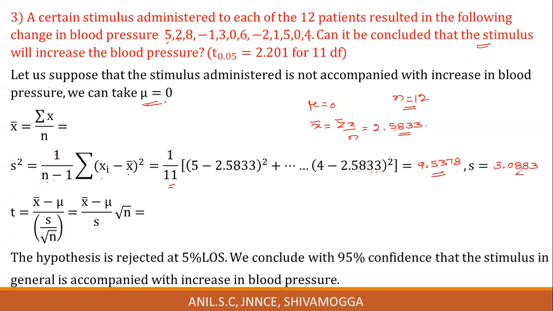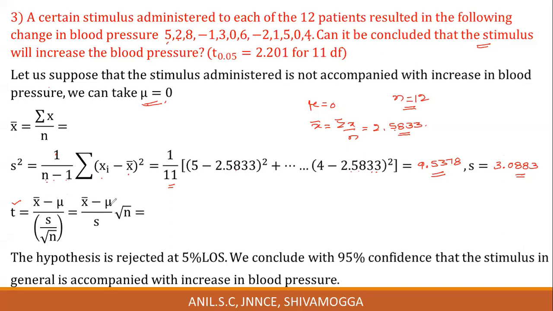3.0883. Okay, that's right. Now we calculate the statistic, which is given by x bar minus mu divided by S divided by root 10. We can transfer this root 10 to the numerator and substitute x bar.